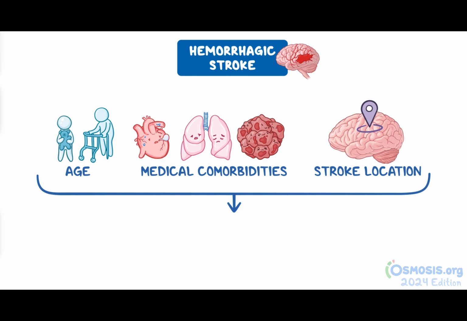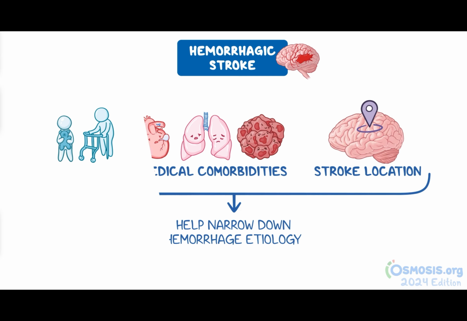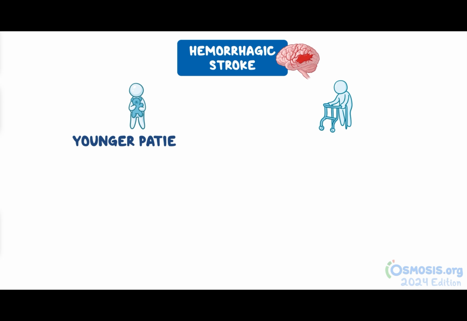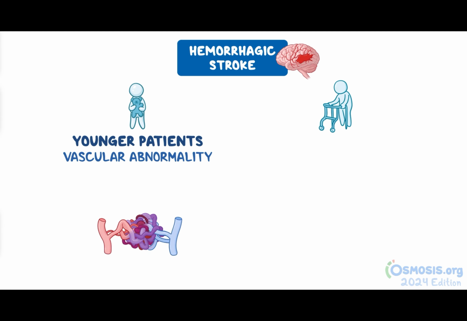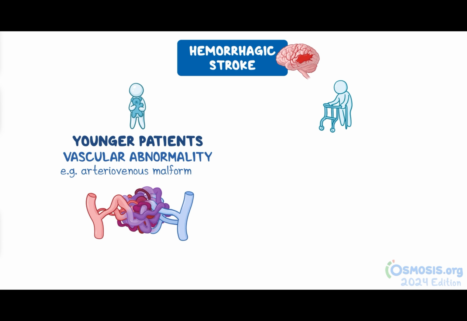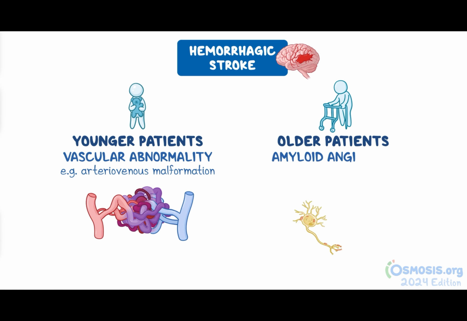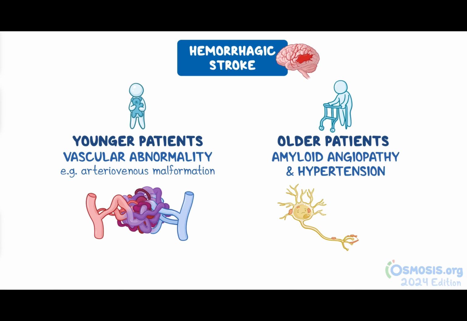This information will help you narrow down the hemorrhage etiology. For example, younger patients are more likely to have a bleed from a vascular abnormality, such as an arteriovenous malformation. On the flip side, older patients are more likely to have a bleed from amyloid angiopathy and hypertension.